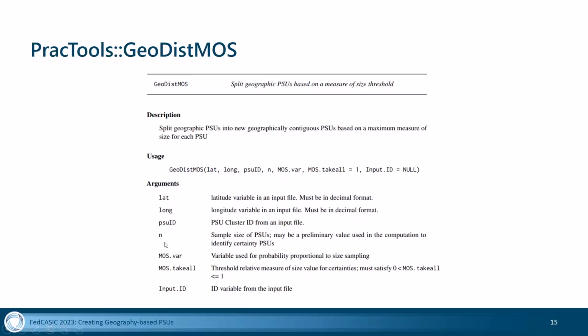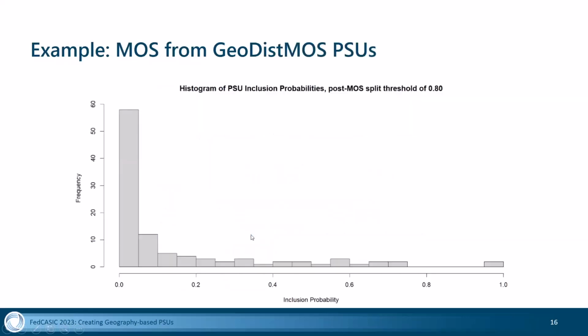You do need your preliminary sample size, the variable you're using, and your threshold value. All this, of course, is in the notes and documentation, and examples are provided in the documentation. But the key thing here is, what is your measure of size variable? What is your threshold for certainty between 0 and obviously 1 means it's necessarily in.